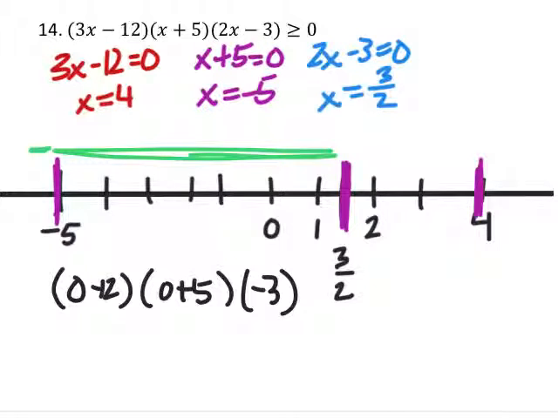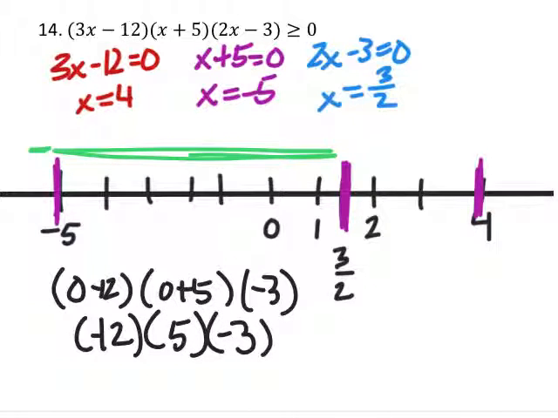So we got a -12 times a 5 times a -3. We need this to be greater than or equal to 0. And since we have 2 negatives, it's going to make that a positive no matter what. So we'd end up with -12 times 5 times -3, which will give us a positive value, which is greater than 0. So we know that this space between -5 and 3/2 is going to work.